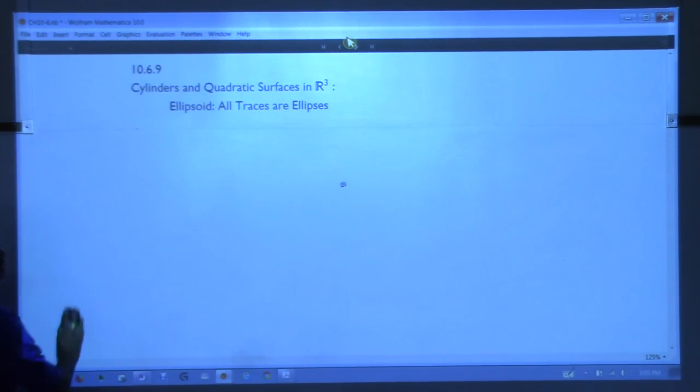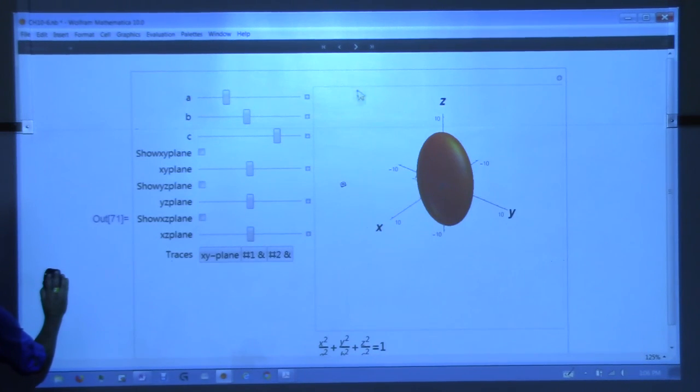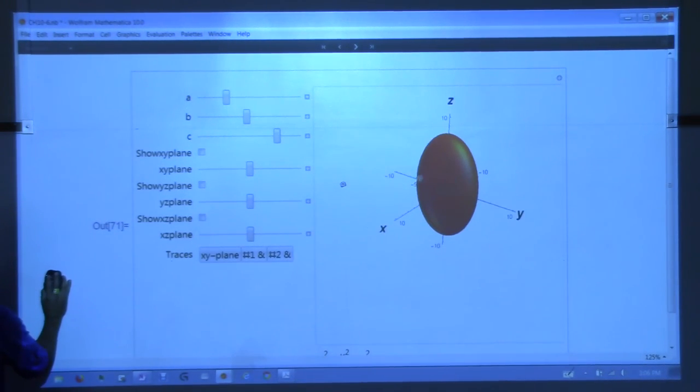All right, moving along. Ellipsoids. All traces are ellipses. Can you visualize that? It's just an egg, right? It's just an egg, basically. You either hit it in the ellipse like that, or if you cut it another way.